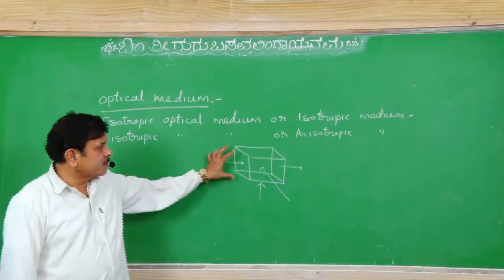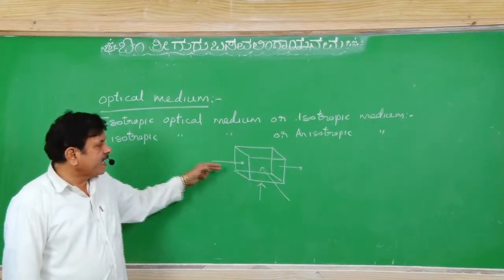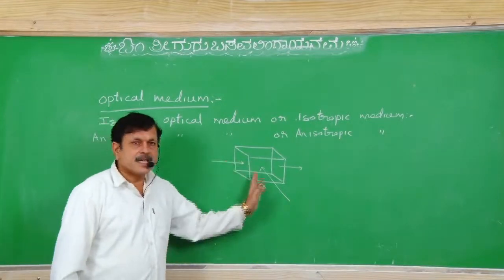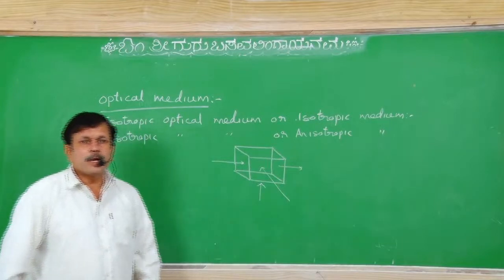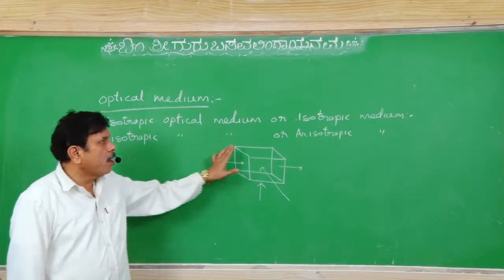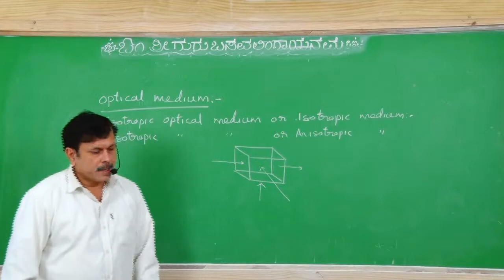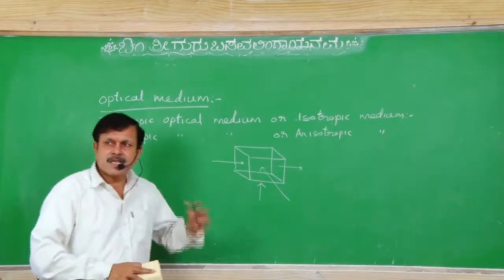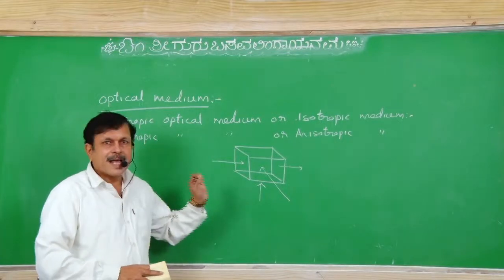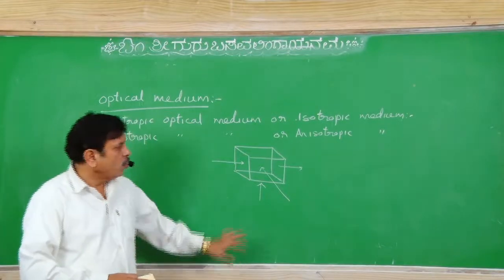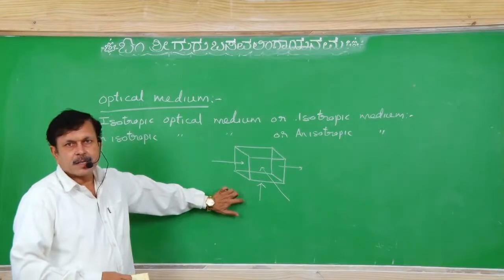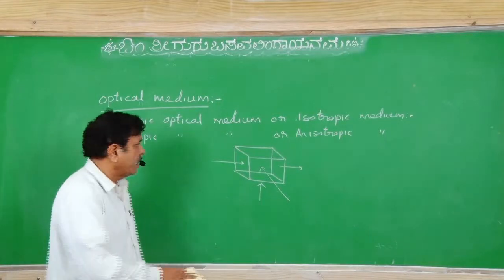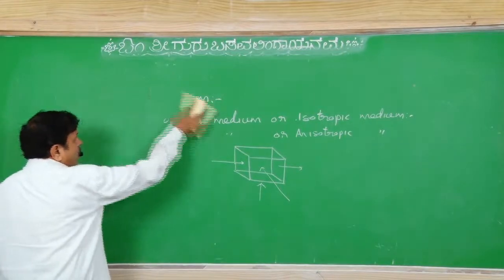That is, the substance in which light travels with different speeds in different directions is called anisotropic optical medium. Examples are quartz, calcite, etc., in which you will find that the speed is different. Now, let's go for the next thing.